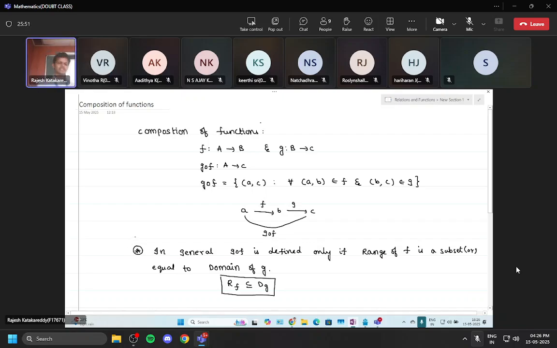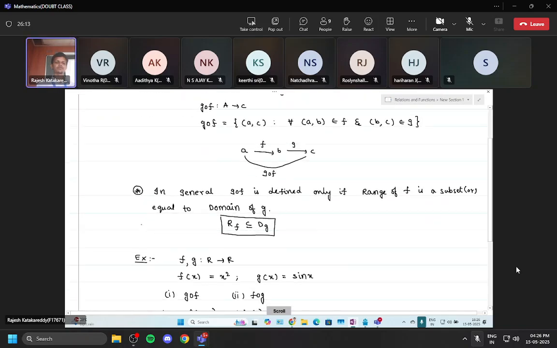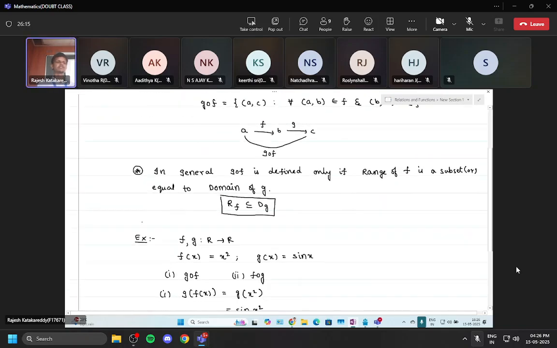They'll give a function f and a function g, and they'll make sure the range of f is not a subset of the domain of g. They'll ask the composition. In options, there will be an option satisfying the result, and there is another option 'does not exist'. We need to be careful in that case. One small example I have given.